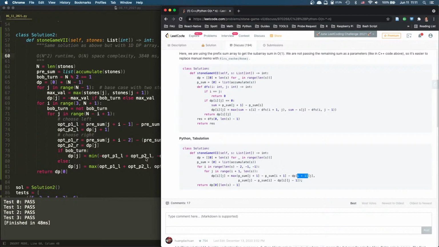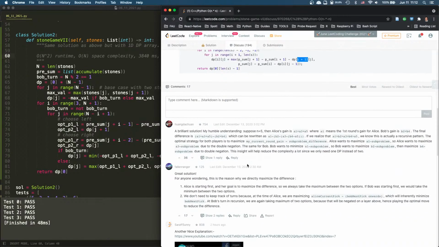Bob wants to maximize his difference, right? So it's unified. Both of them want to maximize the difference. Bob wants to minimize the difference of the total score, but at each step he wants to maximize the score that he can get versus the next one. That makes total sense.